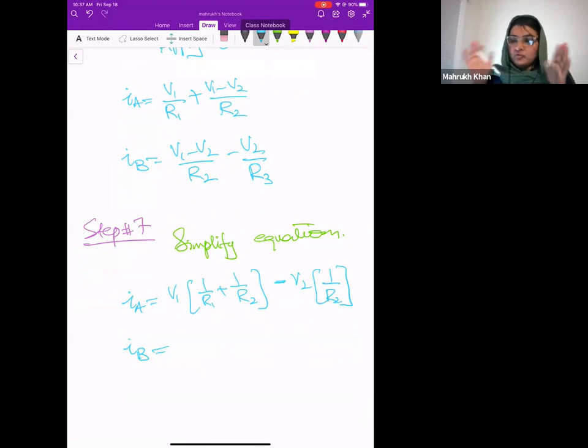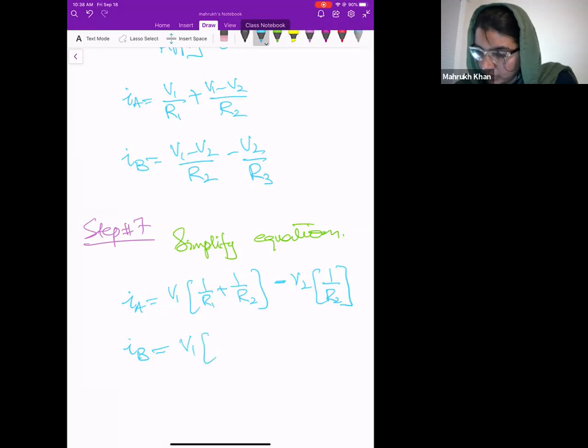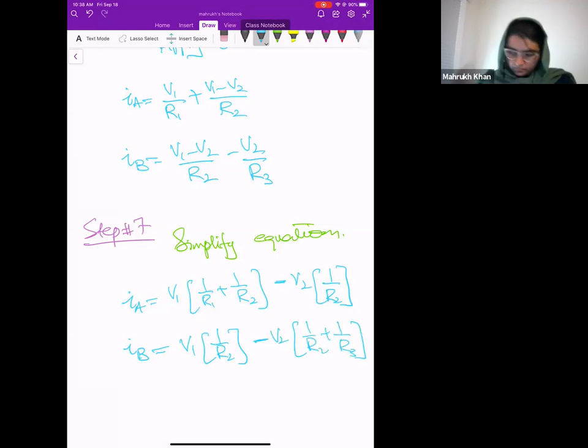I'm trying to bring V1s to one place and keep V2 at another place, okay? So I am just trying to simplify my equation based on my unknowns. So my V1 coefficient here is 1 by R2. So is it clear?